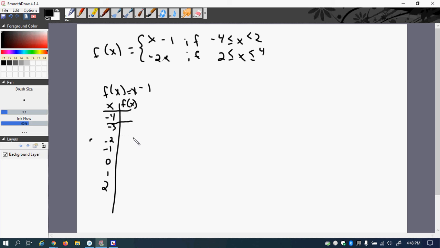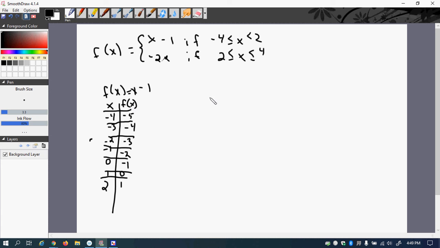Here are all my x values that I can put in. If I put negative 4 in, negative 4 minus 1 is negative 5. And negative 3 minus 1 is negative 4. So it's decreasing by 1. Negative 3, negative 2, negative 1, 0, and 1.